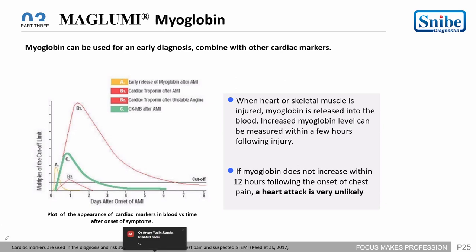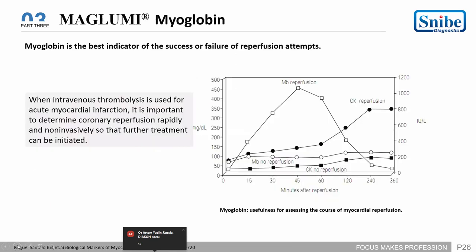So if we go further about the myoglobin, it's the best indicator for the success or the failure of a reperfusion attempt.